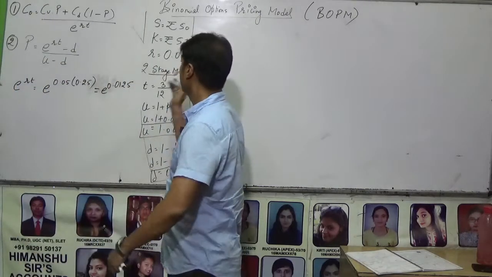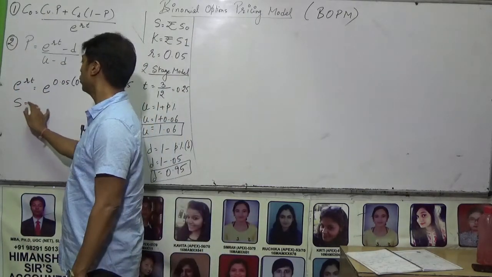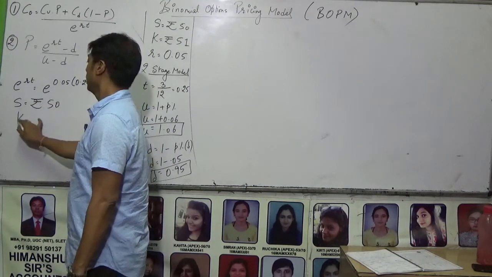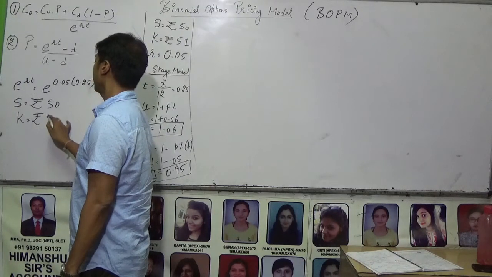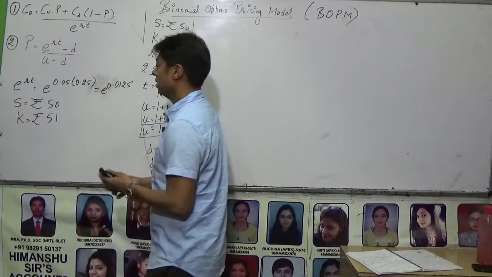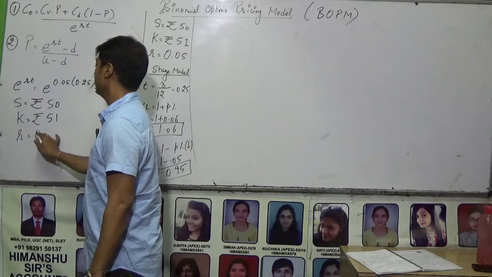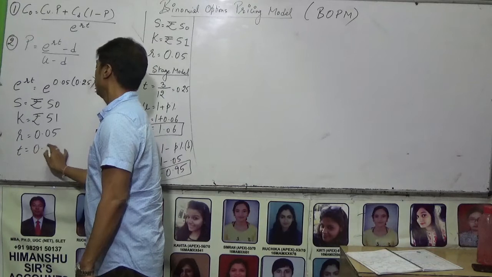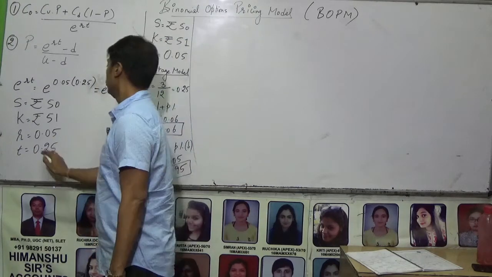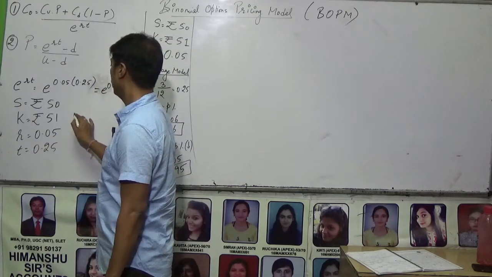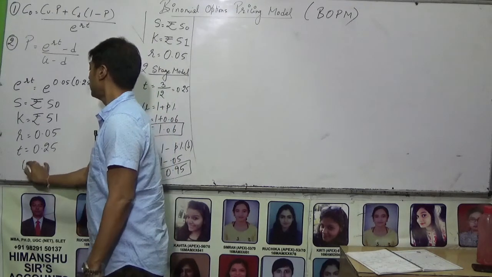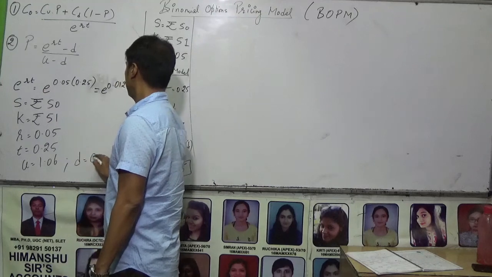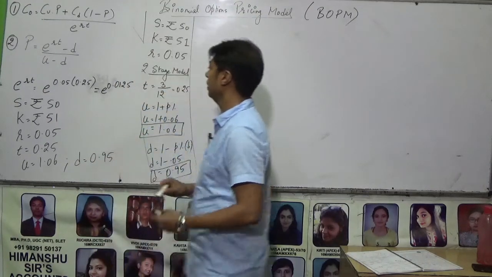Right? And I can take down the values over here. S, spot price, is rupees 50. K, strike price, is rupees 51. R, rate of interest, is 0.05, T is 0.25, U, the value of U, is 1.06, and D is 0.95.